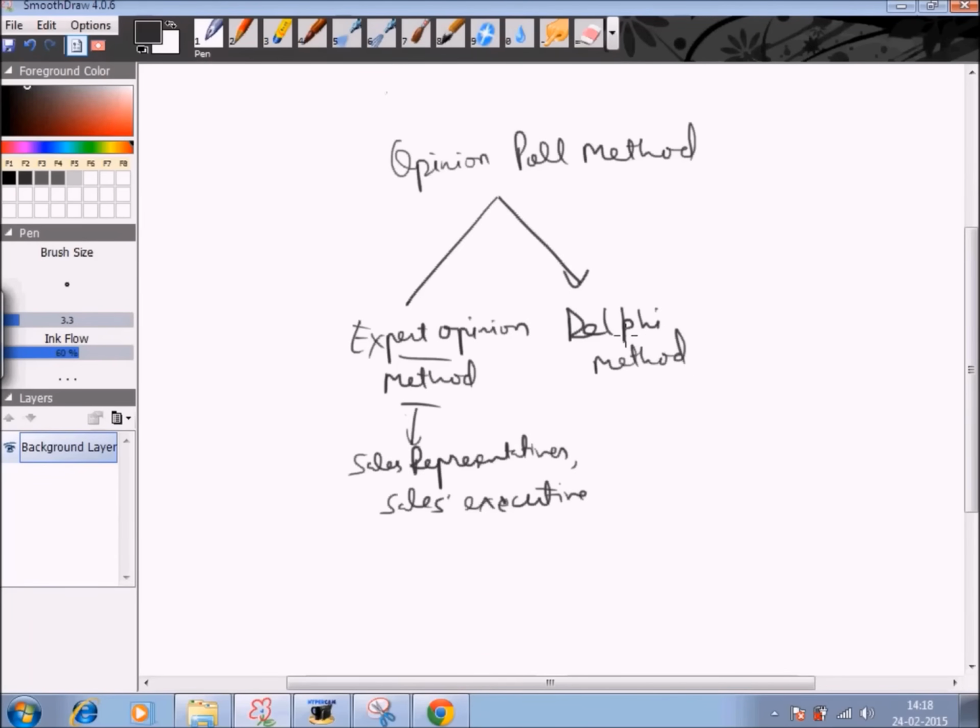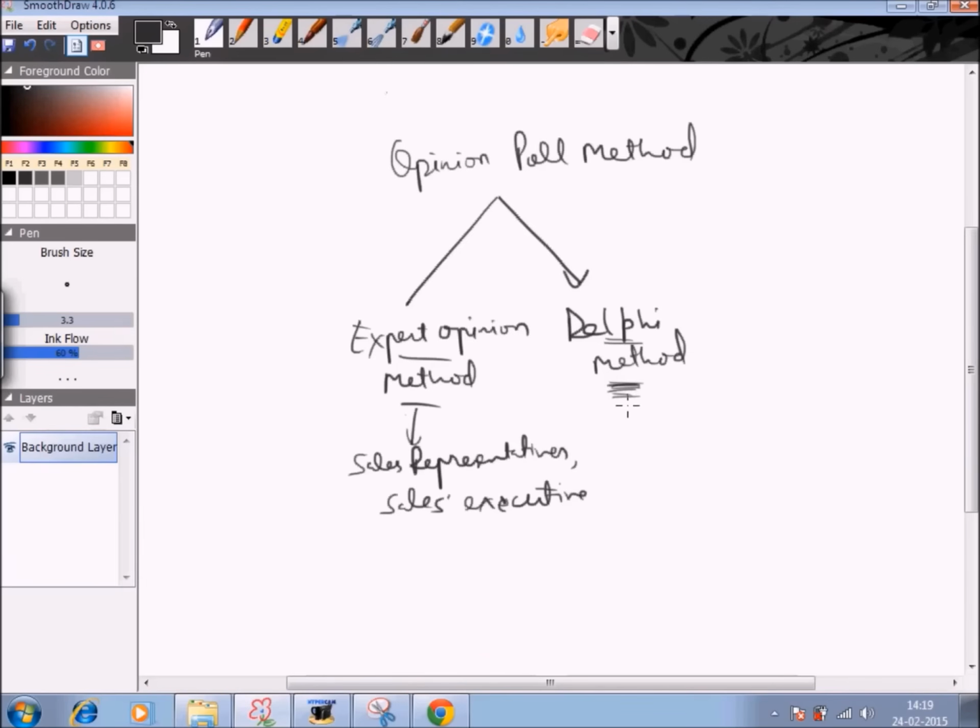Now what happens under this method? Again, it is like collecting data from the opinion of experts in their fields. Under the Delphi method, certain steps are taken. In the first step, five to six experts in the market are taken, and they are seated in different cabins so that they are not in direct interaction with other experts.